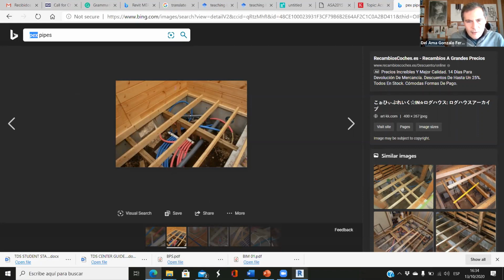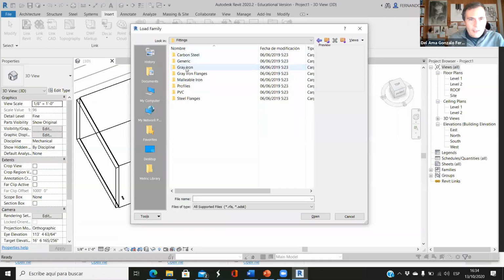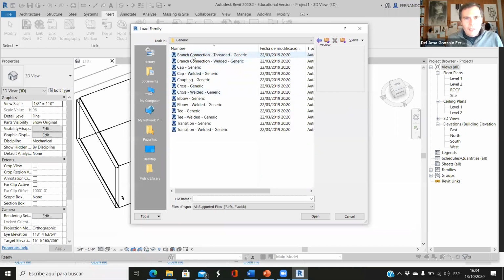Anyway, here we have carbon steel. We have iron, malleable iron. We have PVC. This is the plastic. We're going to use a generic one. Okay, so we are not plumbers yet, but maybe in another life I will be a plumber, but not in this one.